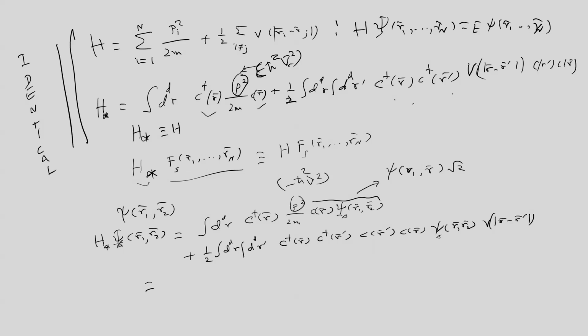Basically, you create by adding a particle again at location r, but then you have properly symmetrized that. When I do that, I end up with, well, this first term, I am talking only about the first term. The first term is going to look like this. I am going to add a particle at r2.